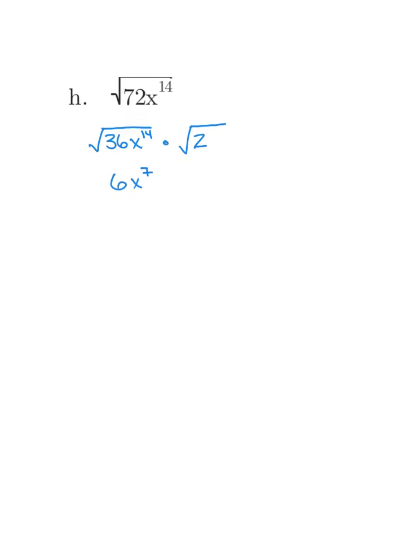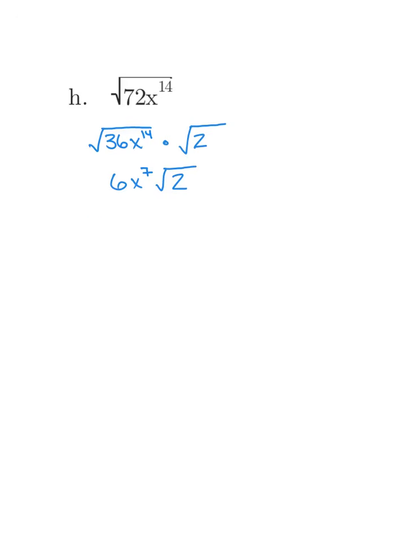So a quick trick that you can do here is, since we are dealing with square roots, our rule for roots is we are going to divide the exponents by 2. 14 divided by 2 is 7. We still have our 2 inside our square root, so I'm going to go ahead and bring that down.